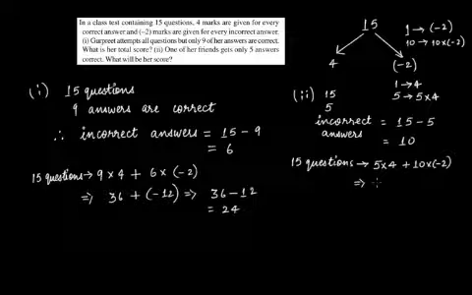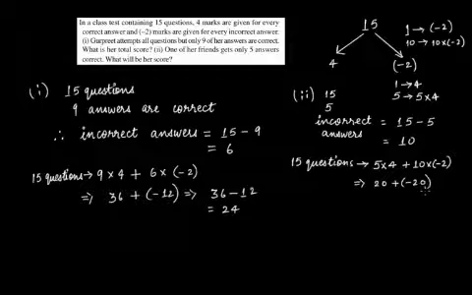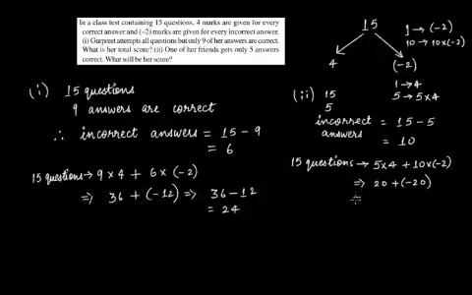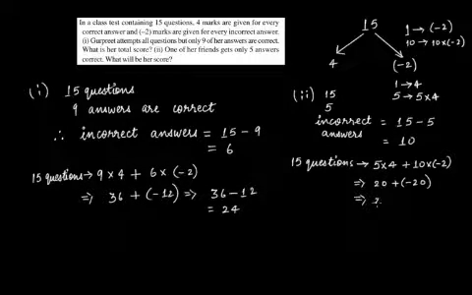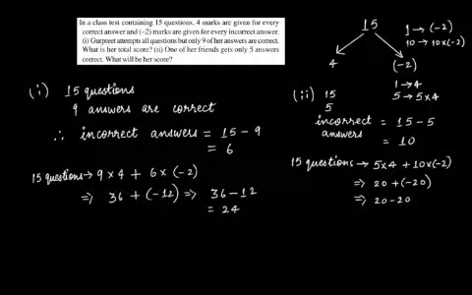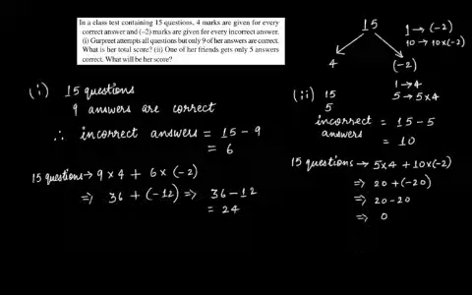This will give you 20 plus 10 times -2 is -20, and the answer will be 20 minus 20, and she will get 0 marks. That is, her score will be 0.